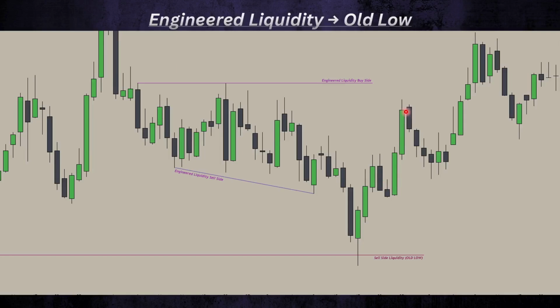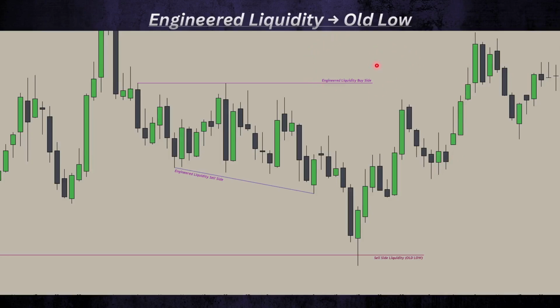As the buy program starts pushing up, your attention should shift straight to the other side of the structure. The engineered buy side liquidity that was forming earlier. Those repeated highs, those stops building above them, that becomes the next target. And then what happens next? We get this retracement, and after this retracement, the price drives right into the buy side liquidity and sweeps the entire top of the range.